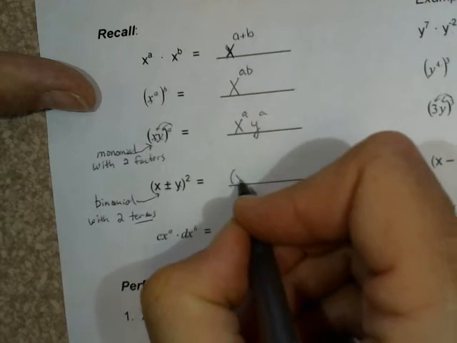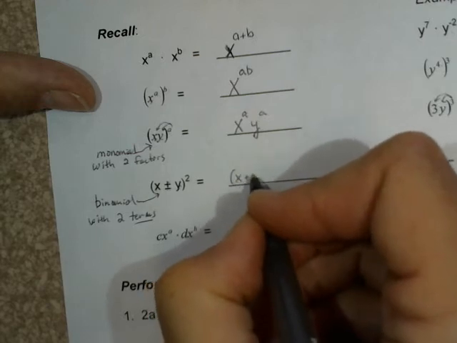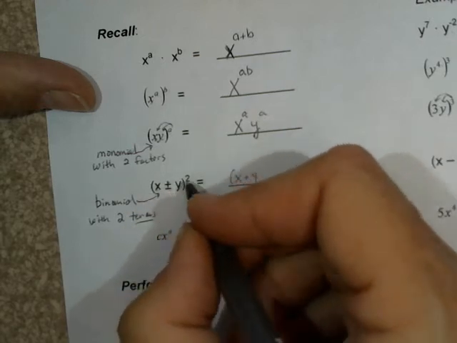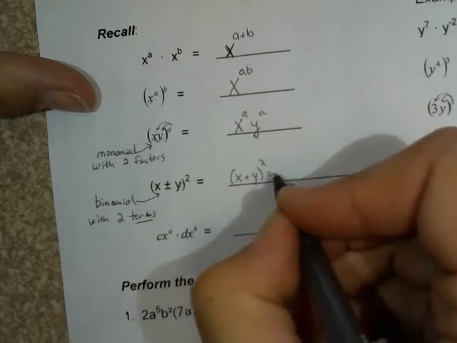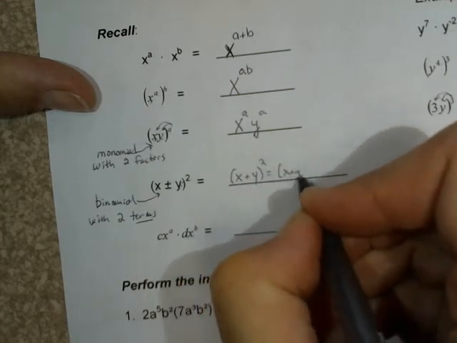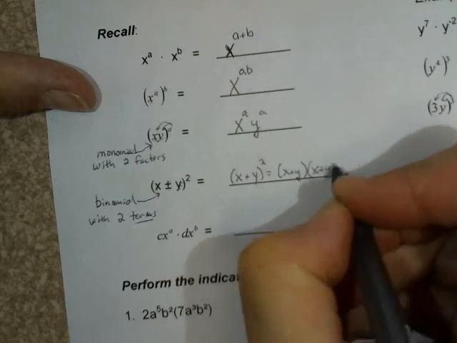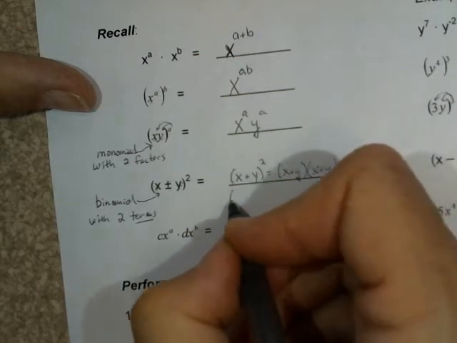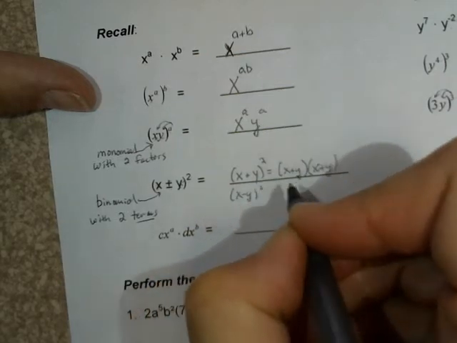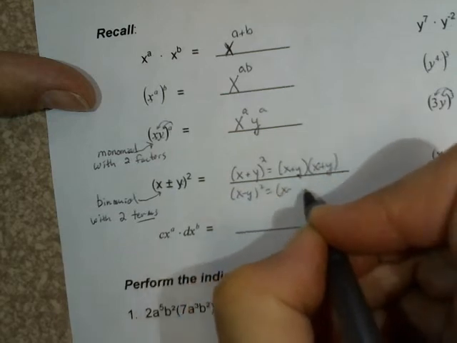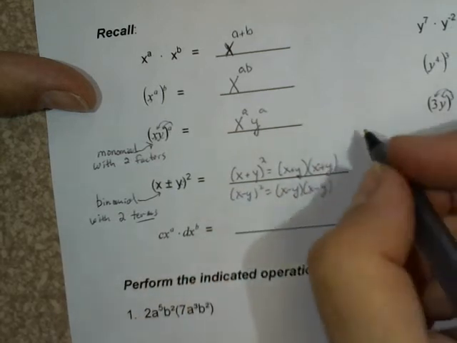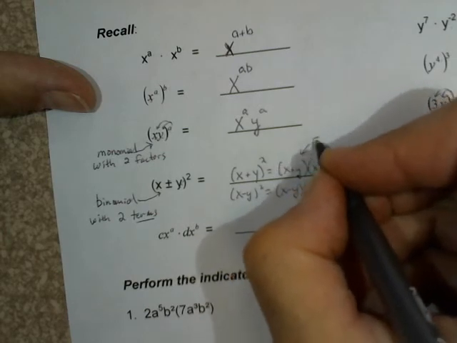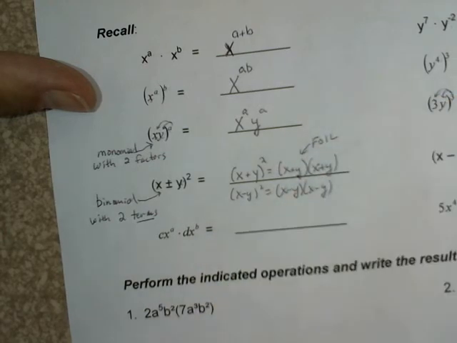What you have to do is this: x plus y squared is equal to x plus y times x plus y. Or if you have x minus y squared, that's equal to x minus y times x minus y. And you remember from your other classes, either one of these is a FOIL.